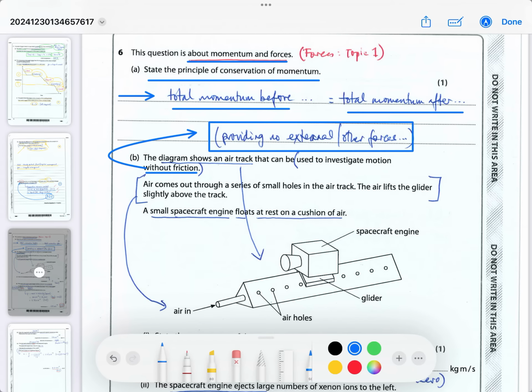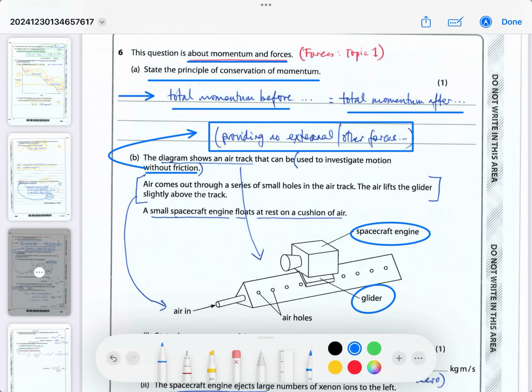So, how does the air track work? You push air in at one end, and it comes out through the air holes, and that allows the glider to glide more smoothly on a cushion of air. Okay, so this is representing how a spacecraft, because in space we have no friction, is to represent a spacecraft.